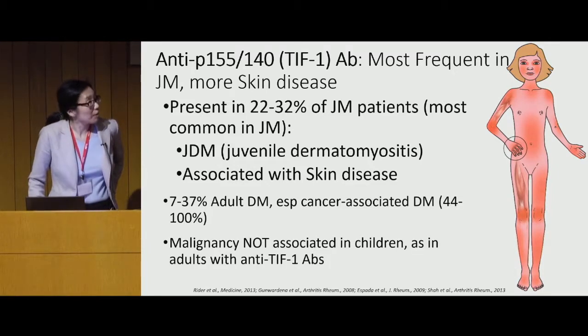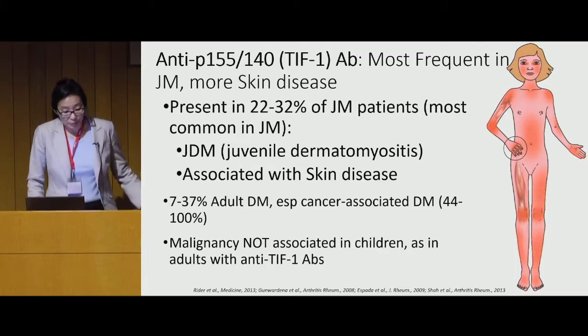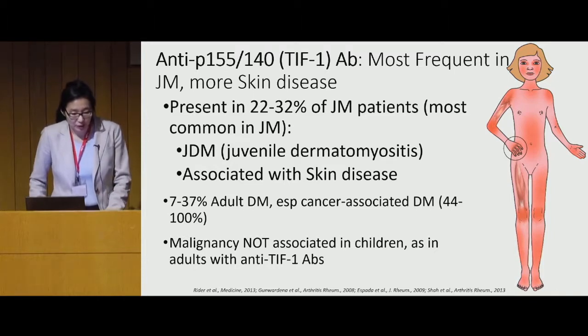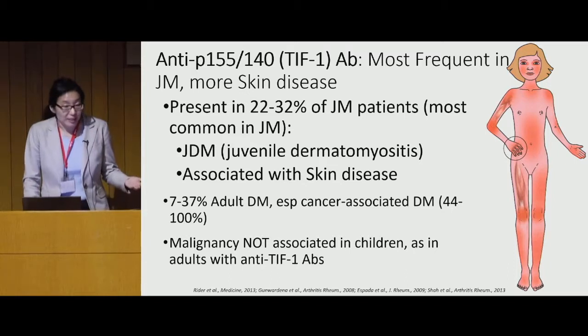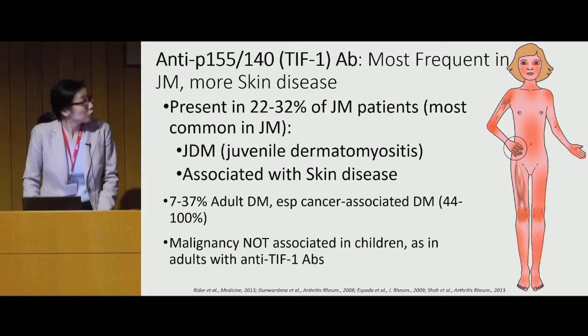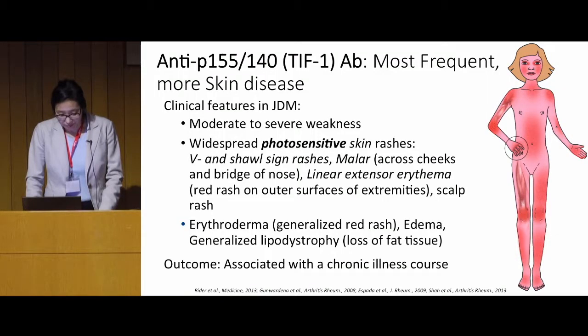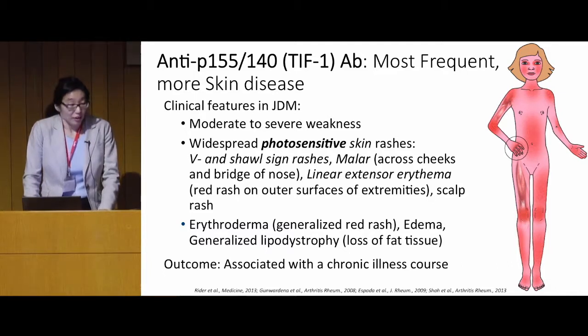It's a little bit less common among adult myositis, just for context, and it is particularly associated with cancer-associated dermatomyositis, which we heard some about from Dr. Tansley this morning, but this malignancy association is not true in kids.